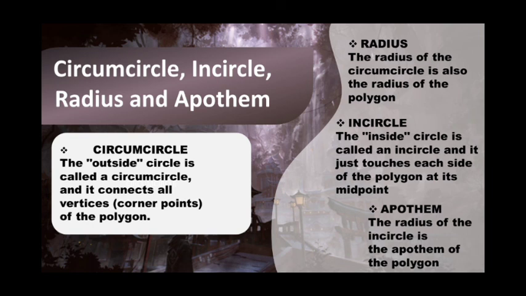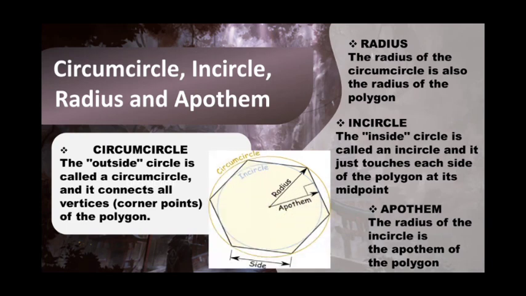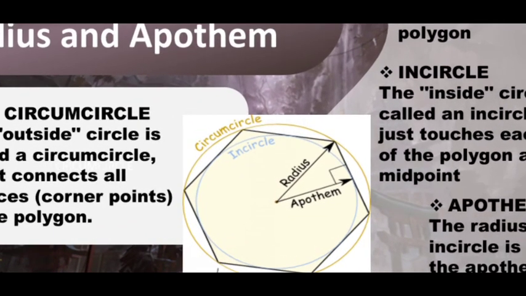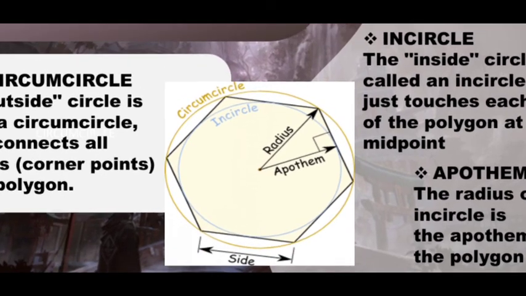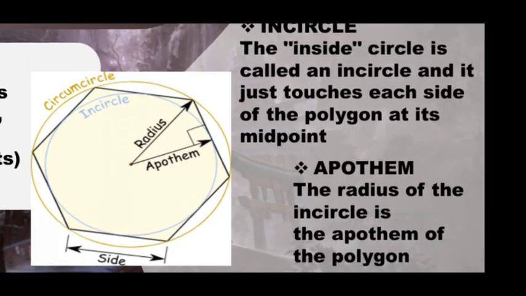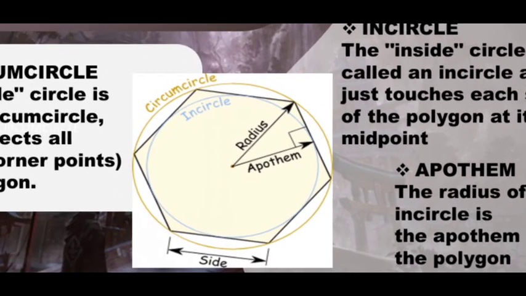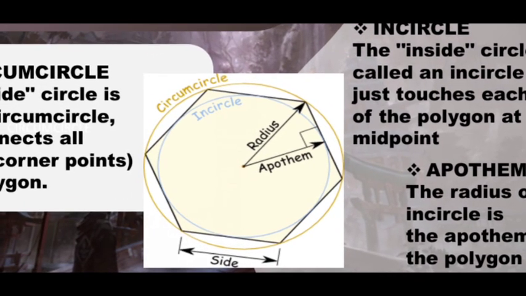So ang apothem naman is the radius of the incircle is the apothem of the polygon. So ito yung larawan. Circumcircle is the outside circle na nag-connect sa lahat ng vertices sa polygon. So ang incircle is parang siyang inside circle sa polygon.